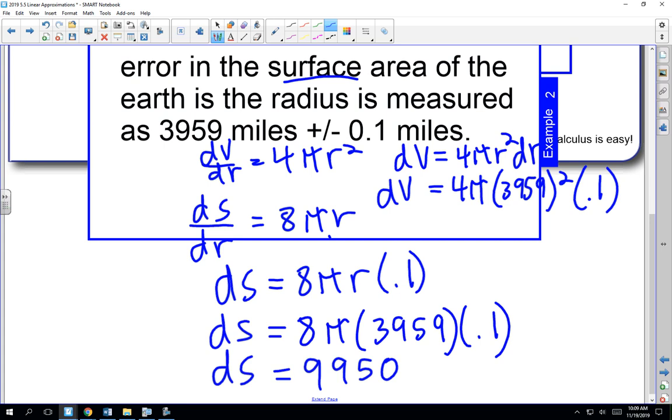But what differentials do is they estimate the rate of change. It's not hard to find the actual. Another example they give in the textbook is about the circumference of a tree growing. You can use the derivatives to estimate the rate of change of the surface area of the stump. And then you can do the actual: if it goes from, say, a radius of 10 centimeters to 10.1, you get the actual.